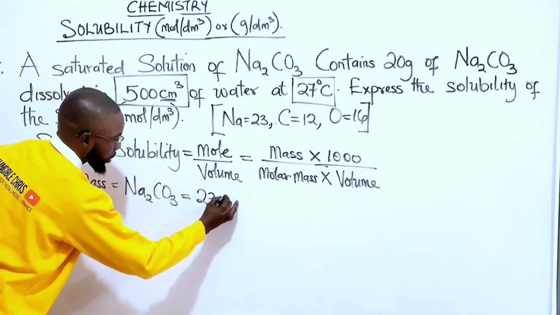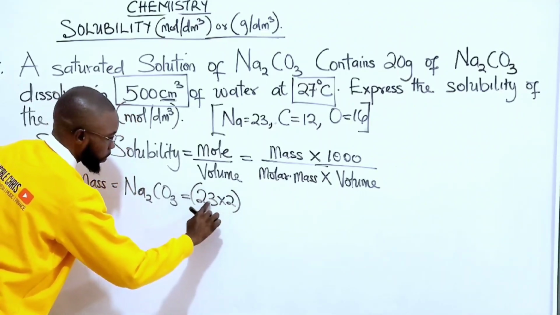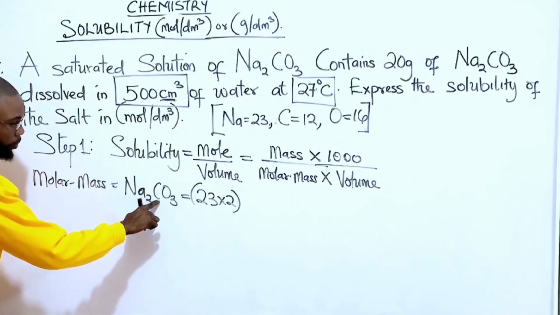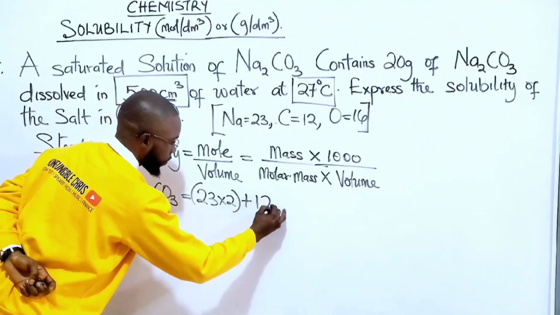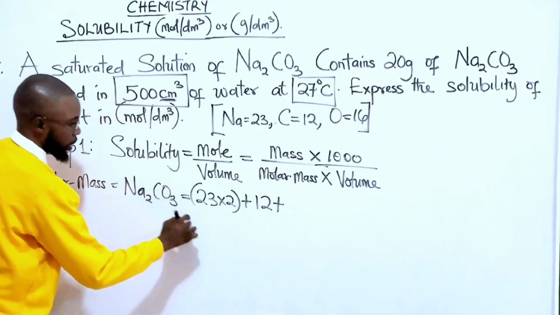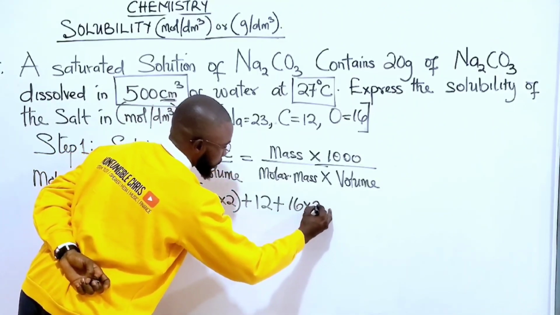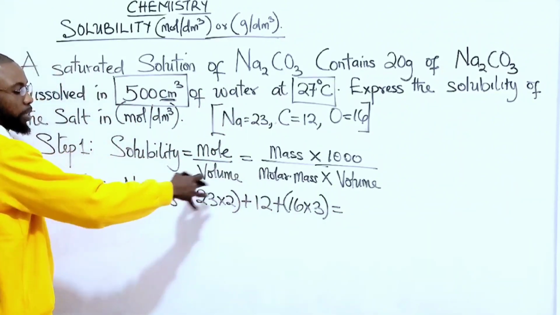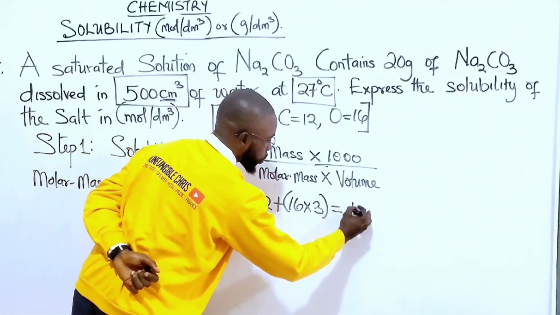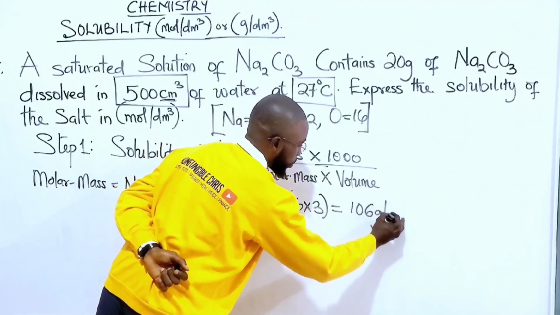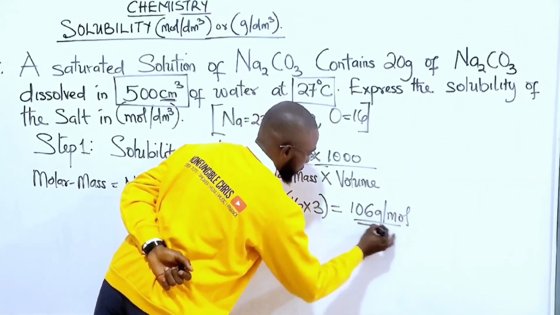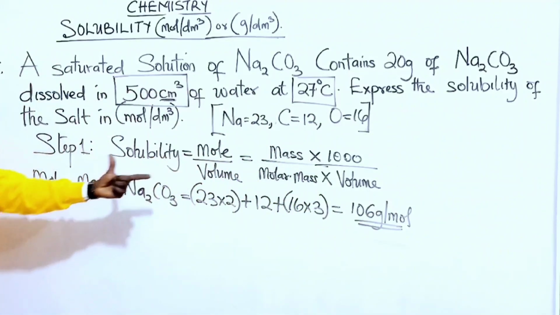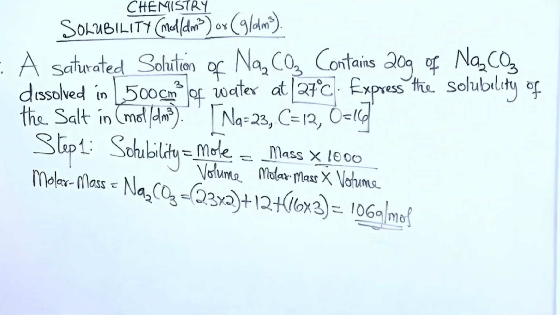So we have 23 times 2, the reason I'm multiplying by 2 is because it is 2 here, plus C is 12, and then plus O3, that's 16 times 3. If we take the arithmetic sum of all of this, we're going to have 106 gram per mole. That's the molar mass of the compound.